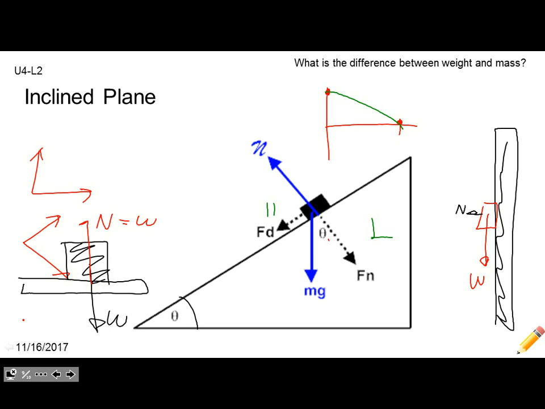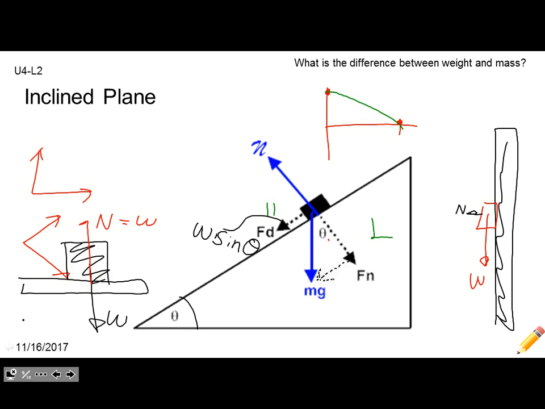So now if I want to use sine and cosine, let's see, the parallel piece would be this part of the triangle. Is it the opposite side or the adjacent side? Here is our angle. Here is the side. It's opposite. So this is equal to the weight times the sine of the angle.